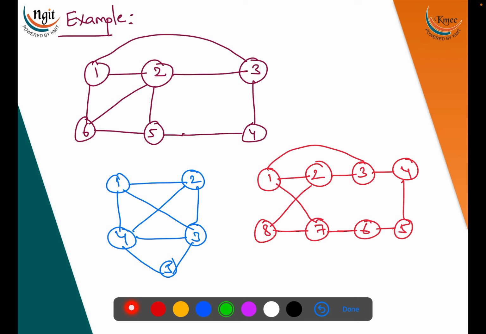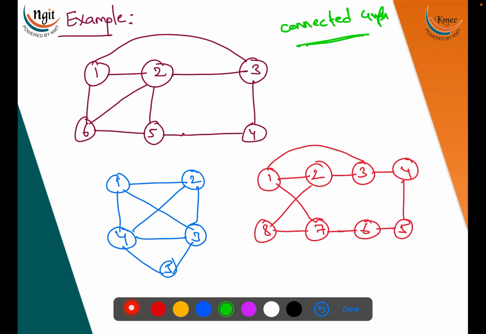Now, let's understand what are connected graphs, because basically Hamiltonian cycles will generate from connected graphs, as we discussed in the previous one. So the prerequisite to get a Hamiltonian cycle from a graph is that it should be a connected graph.